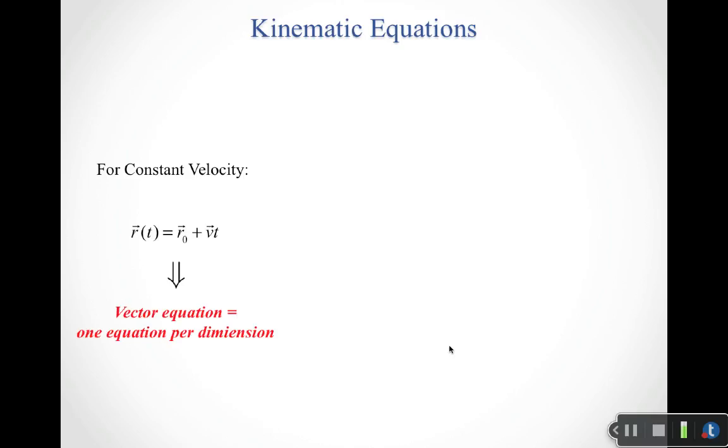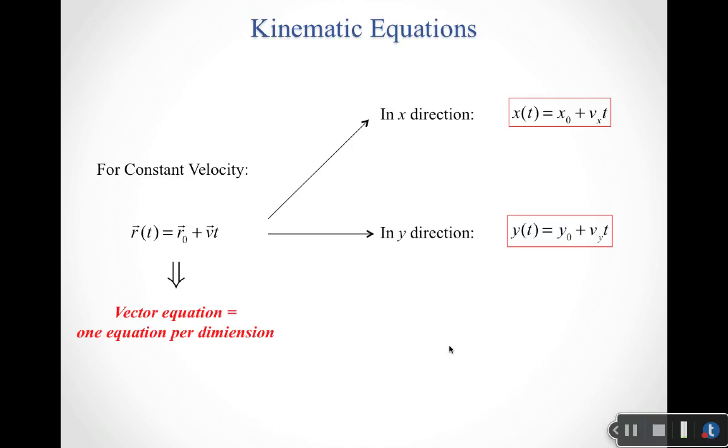This is true as a vector equation, which means I've got one equation per dimension. So if I've got constant velocity motion in the x direction, there's my equation. Constant velocity motion in the y direction, there's the equation. Constant velocity motion in the z direction, there's the equation.